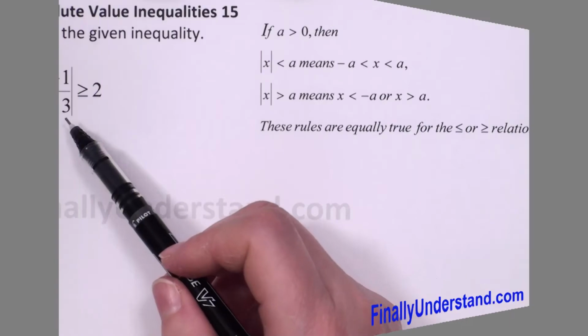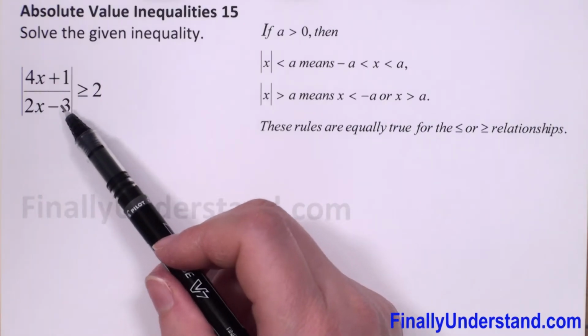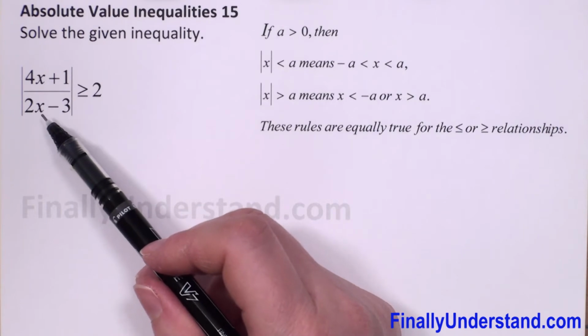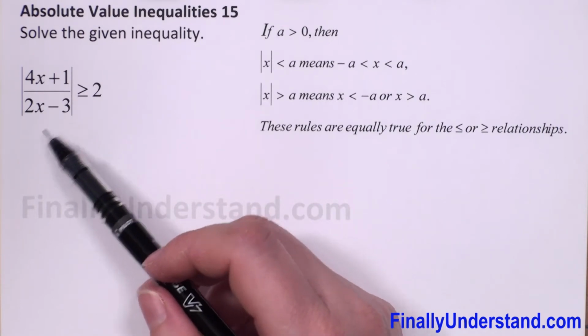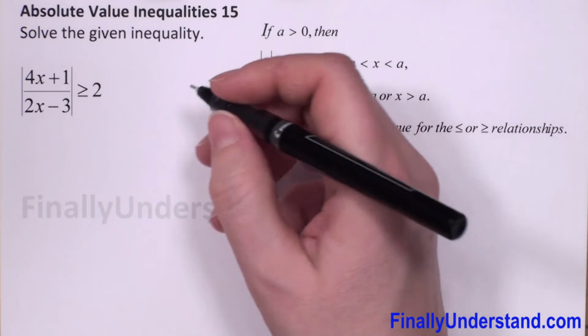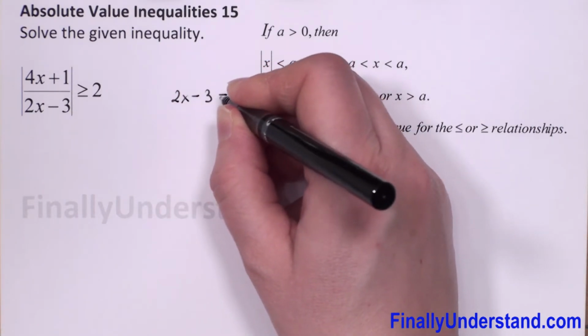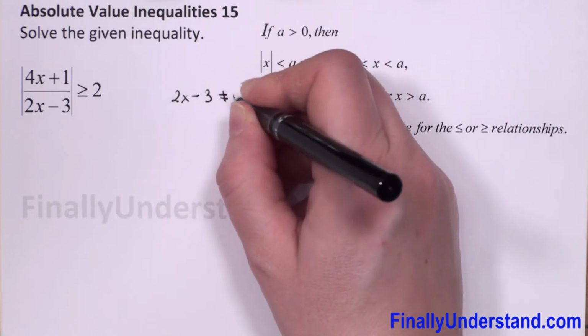We have inequality with absolute value, and this inequality is rational inequality. It means we have to first find the domain. It means whatever is in denominator cannot be 0. So we have 2x minus 3 cannot be equal to 0.